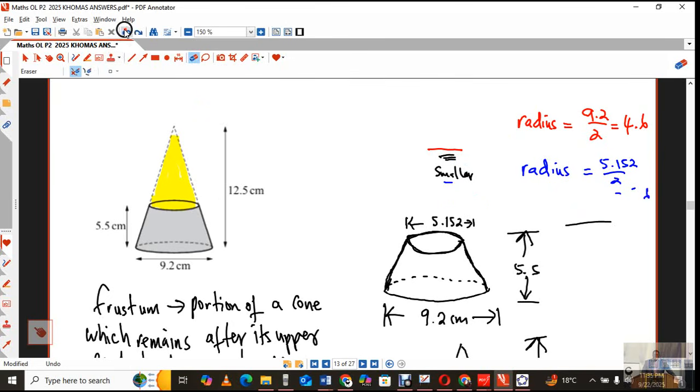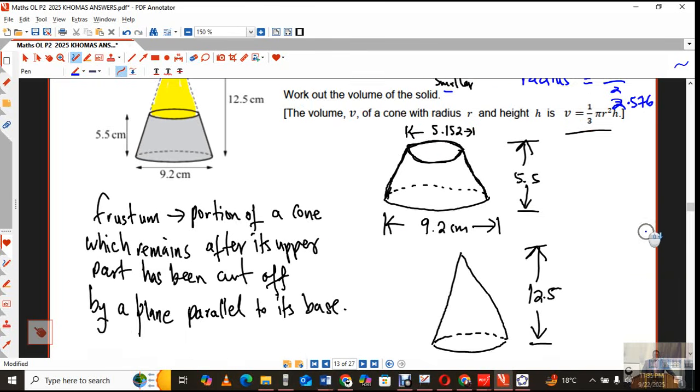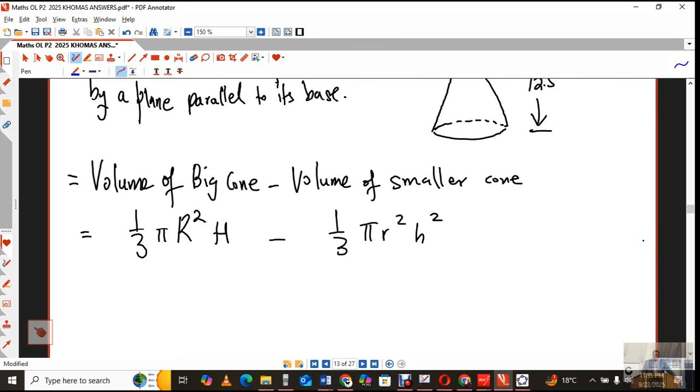Oh my goodness, things have disappeared. All right, so I have 2.576. Right. So let's then substitute. Another thing, I will take out 1 over 3 pi because it is a common factor, so you don't have to do so much substitution.